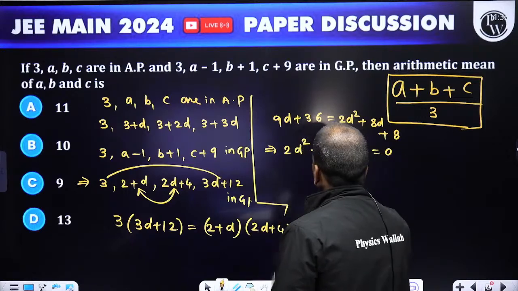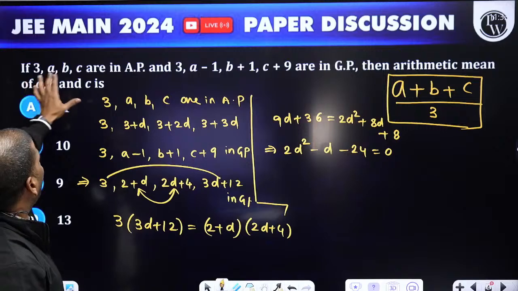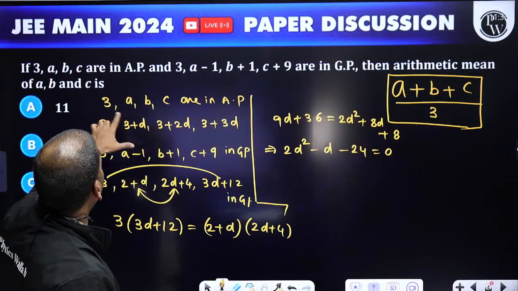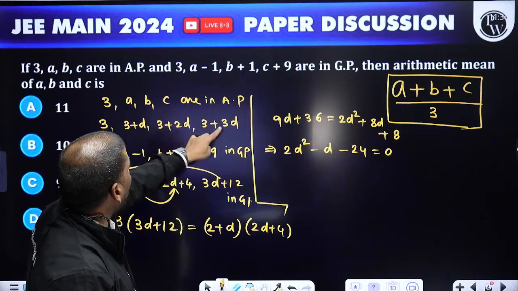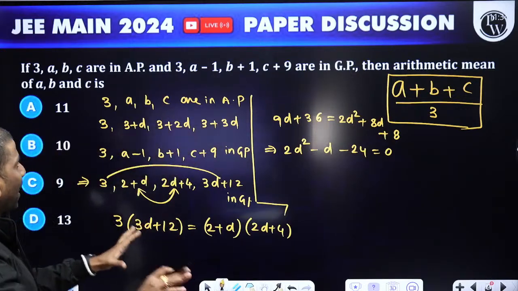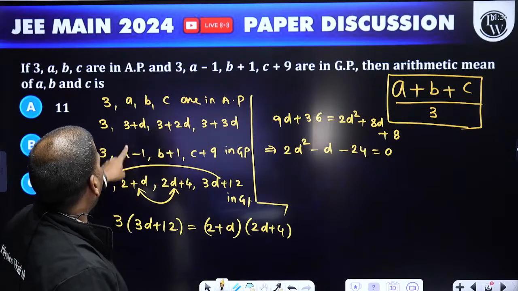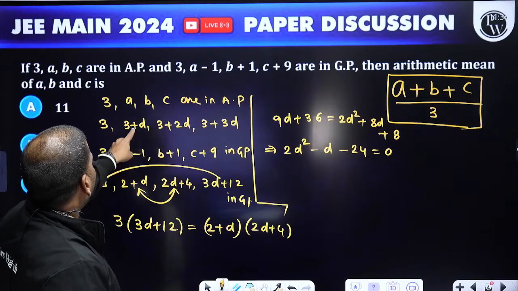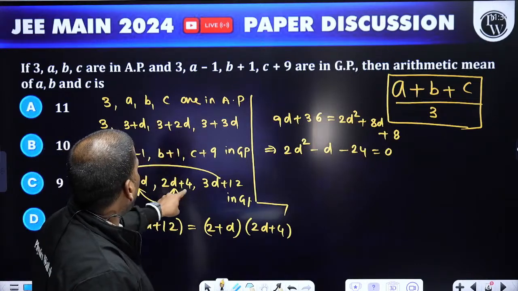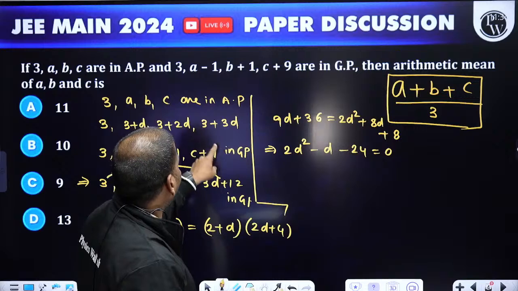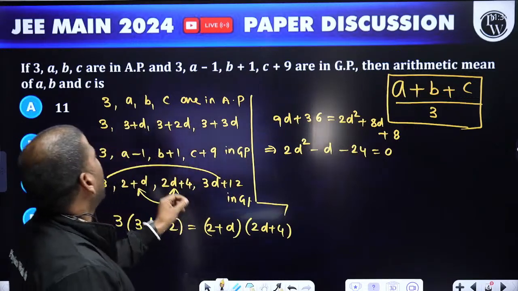Once again, observe all of you: 3, a, b, c are in AP, a is 3 plus d, b is 3 plus 2d, c is 3 plus 3d. So that is for arithmetic progression. Coming to geometric progression, 3a minus 1 will become 3 plus d minus 1, 2 plus d, b plus 1 is 2d plus 4, c plus 9 is 3d plus 3 plus 9, 3d plus 12.